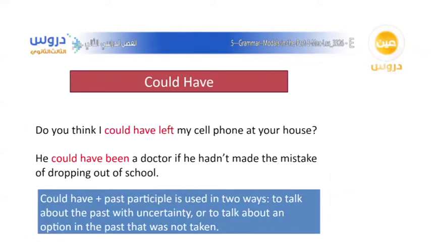That means this was an option in the past, but now it's not because he dropped out of school. The first example here, do you think I could have left my cell phone at your house? That's an example of uncertainty. He's not sure. Like, do you think I may have left, or do you think I might have left my cell phone at the house? So could here can be substituted with may or might.